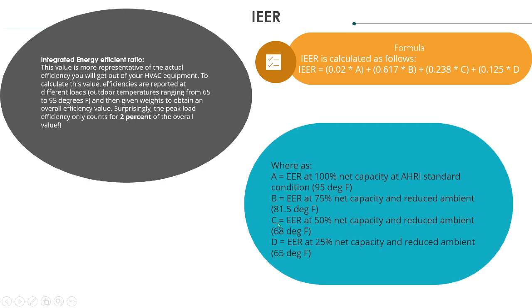The A, B, C and D values can be obtained from your manufacturer data sheet, and once you apply those values in this formula, you can simply find out the IEER rating of the equipment. Mostly, the IEER rating will be available in your manufacturer data sheets as well.